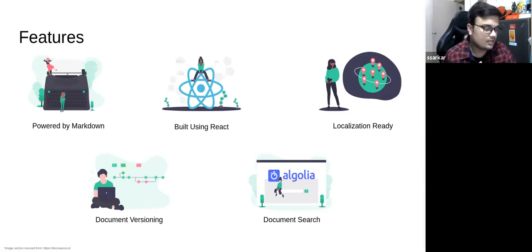A big issue with documentation for any major project is that people from all across the world use it, right? And if you talk to any person who works in technical documentation, they'll tell you that a big chunk of documentation is about localization.